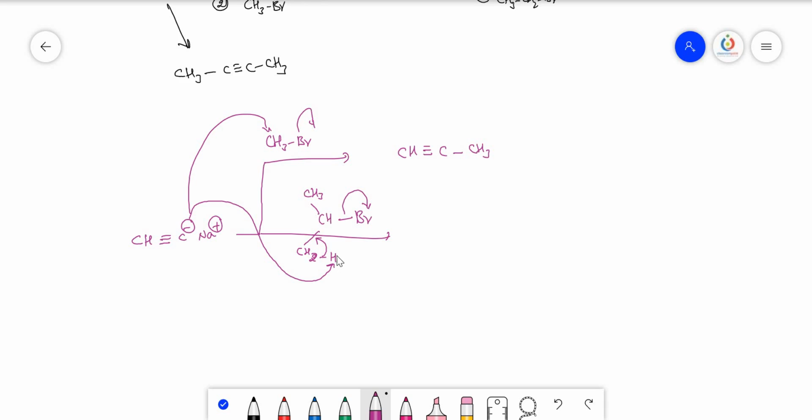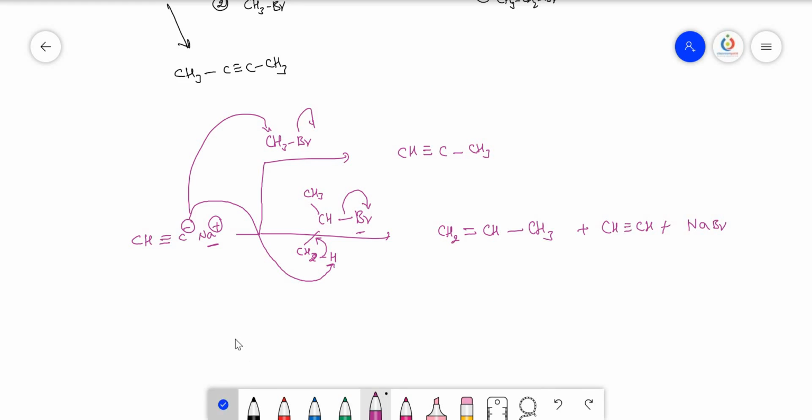Finally we get CH2=CHCH3, and the hydrogen goes and connects to the alkynide part, so the original alkyne is produced, and the sodium combines with the bromine and forms NaBr.